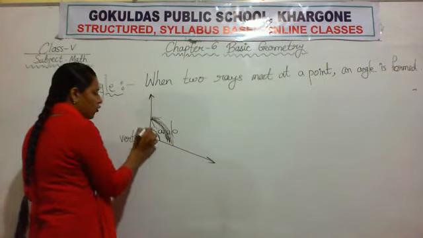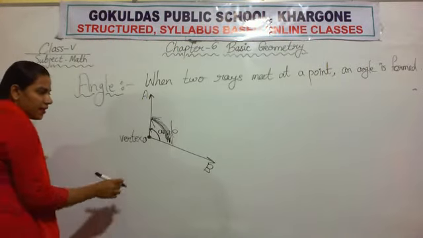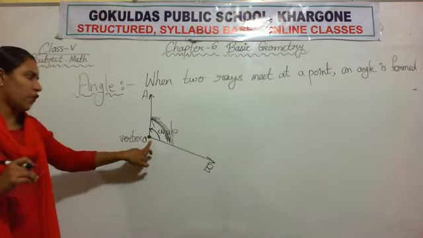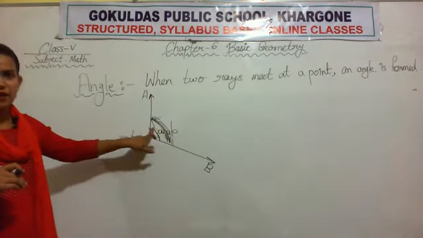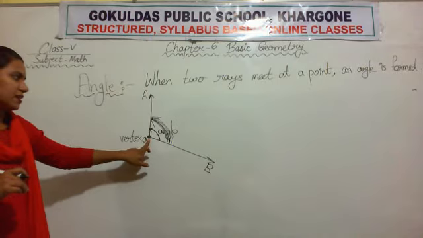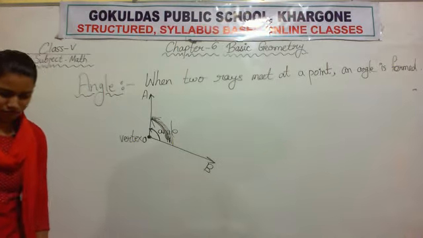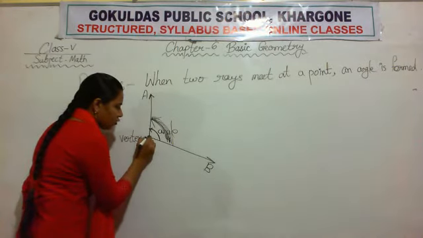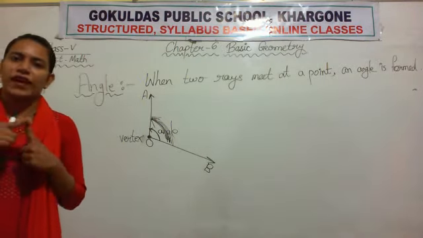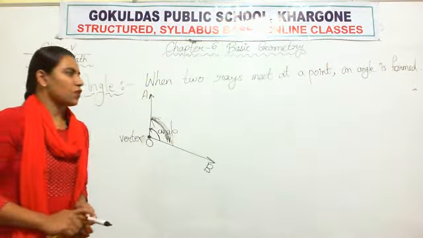Let me give it name OA, OB. So OA is a ray, OB is another ray. When these two, OA and OB, are meeting at a point, one angle is formed, okay? One angle is formed between two rays. The meeting point of both the rays is known as vertex. I give name to it as O, vertex O. The meeting point of any two rays or more than two rays is known as vertex. Remember this point, okay?